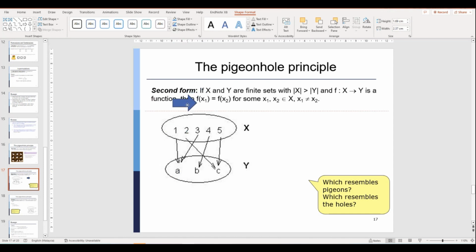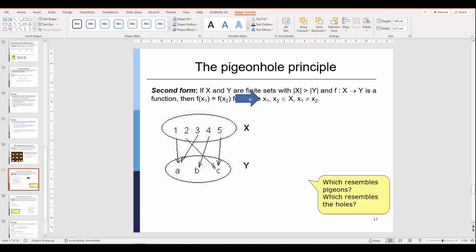In this case, it mentions here that element x1 shares the same mapping with element x2, whereby elements x1 and x2 belong to the same set X.